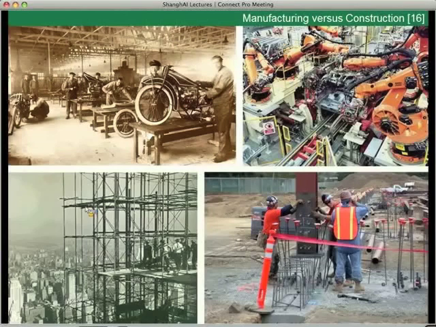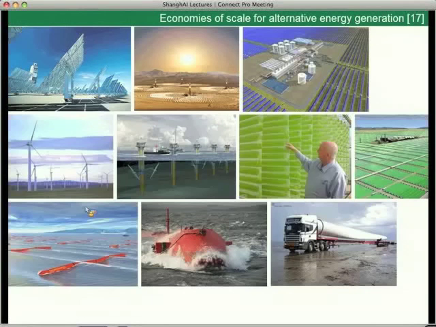So again, taking another step back, going on to slide 17 here, as we all know, one of the major challenges that we're all facing are global energy issues. There are a lot of different alternative energy technologies that are being proposed. Some are moving from the research to the deployment stage.